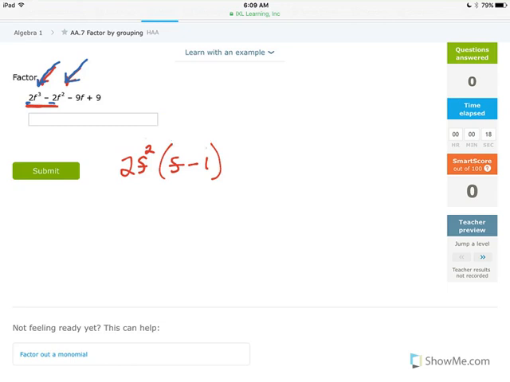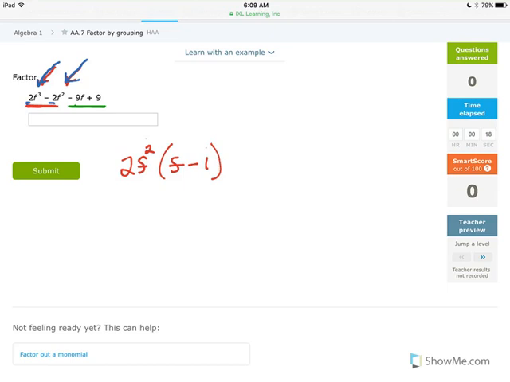So we have the first group factored. Then we want to look at the second group, so the last 2. So what's common between those last 2 terms? In this one, you could either factor off a 9 or a negative 9. You need to watch out for the signs on this, and I'll show you in just a second.